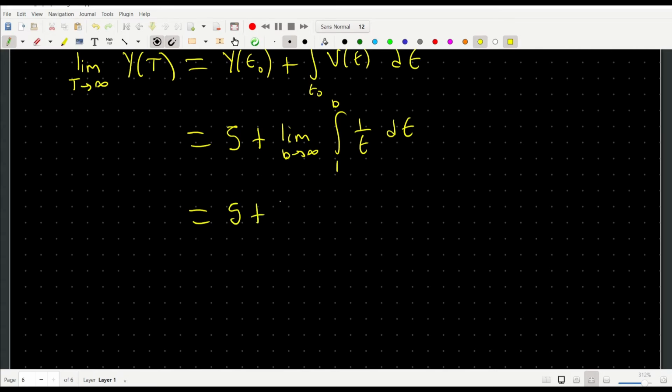So from Calculus 2, the antiderivative of 1 over t is the natural log of t, and specifically the natural log of the absolute value of t, from b to 1.